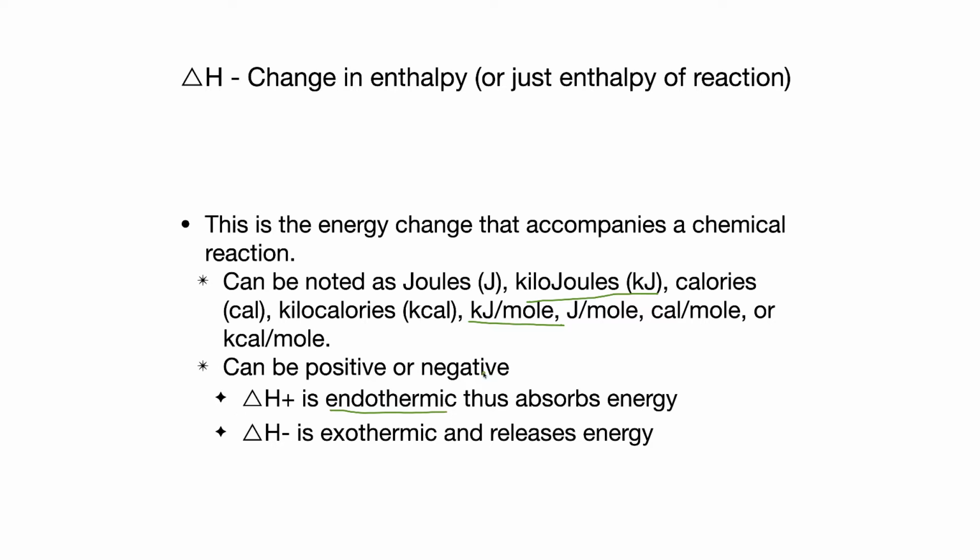It needs energy from the environment in order for it to take place and complete the reaction. If the enthalpy, the change in energy, is negative in value, then it is exothermic, meaning that it's releasing energy to the environment. So this one we would find on the reactant side, and this one, exothermic, would be on the product side.